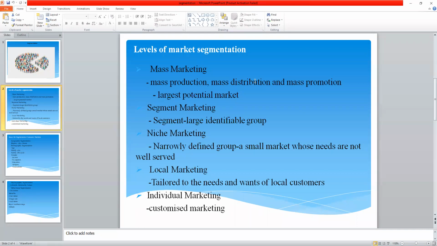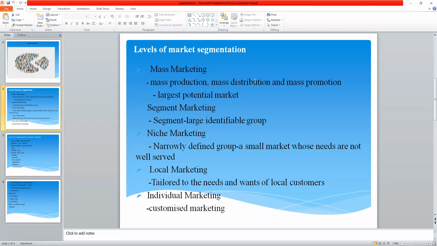Now coming to niche marketing. A niche is a more narrowly defined group, a smaller market whose needs are not well served. Marketers identify niches by dividing a segment into sub segments.